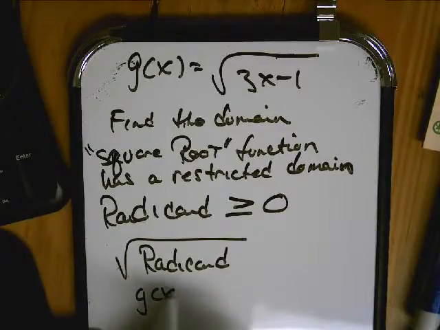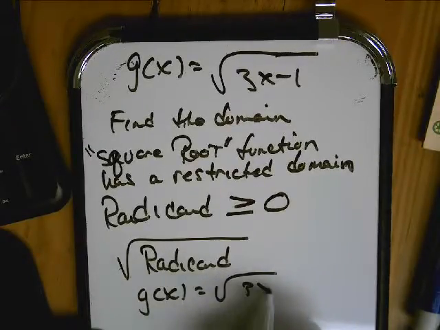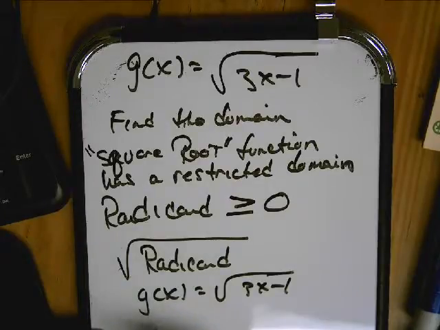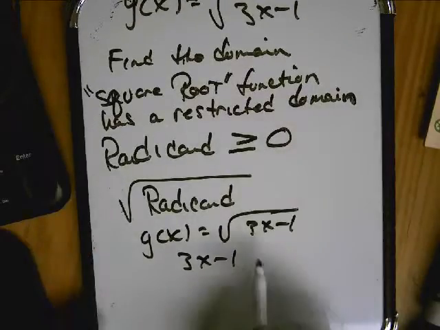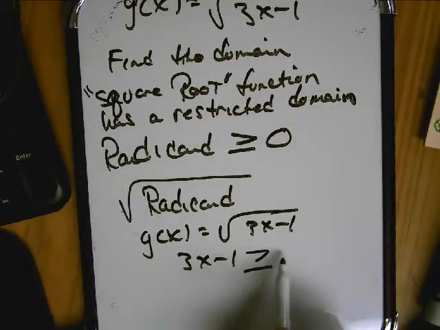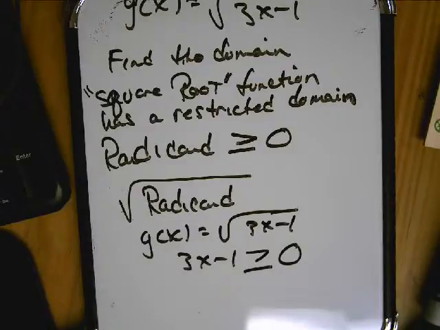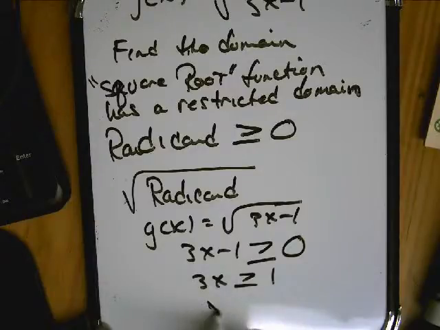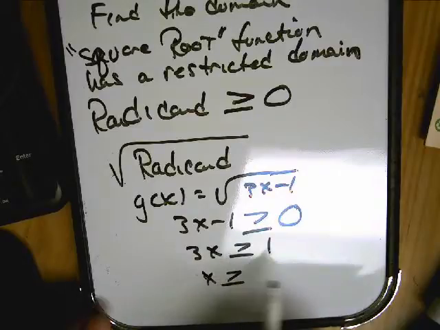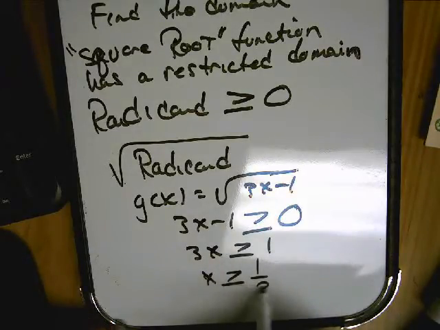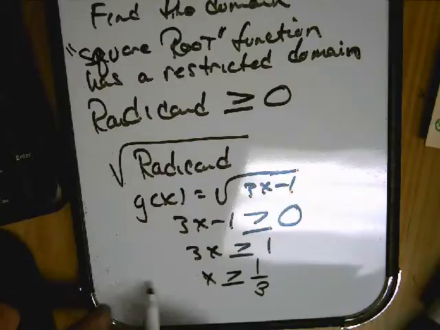So when I look at g of x, which is square root of 3x minus 1, 3x minus 1 has to stay greater than or equal to 0. So I solved that inequality. 3x is greater than or equal to 1. When I divide by 3, x is greater than or equal to 1/3. That is my domain.